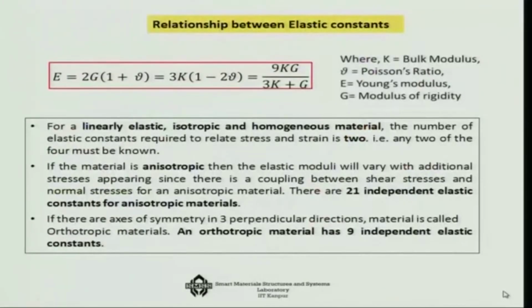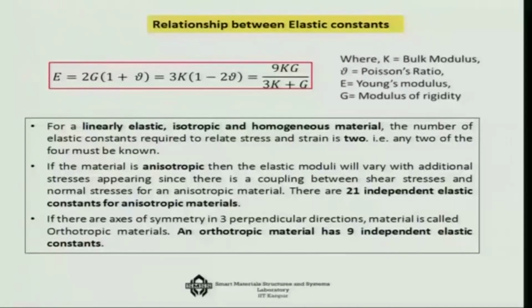Now, the elastic constants are related with each other by the relationships shown here, that E is related to G and G is related to K, okay, and hence for a linearly elastic, isotropic and homogeneous material, you need only 2 elastic constants.